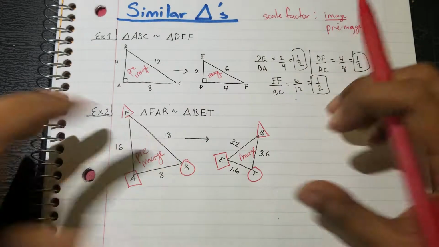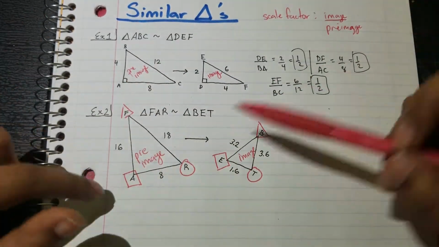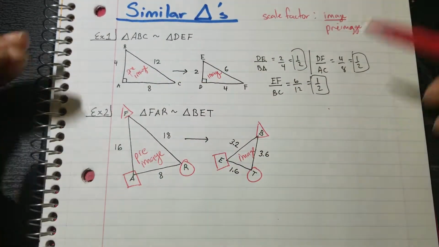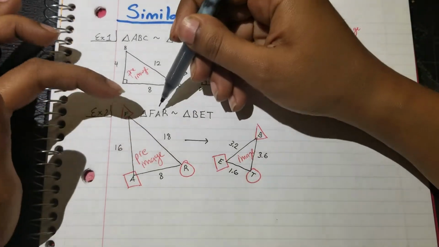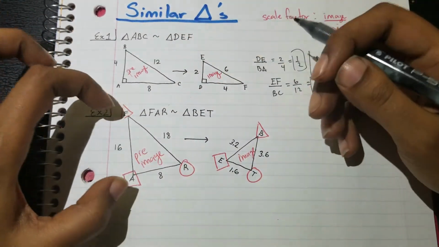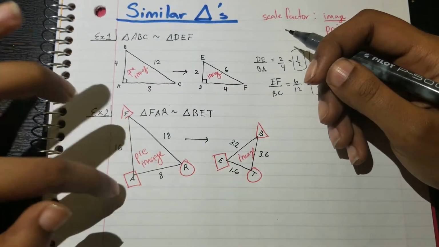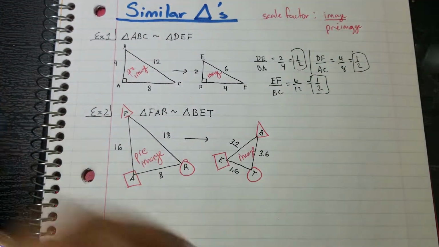So even if the orientation is changed, even if it was reflected over, if you have these sides lining up, then you know which sides are corresponding automatically. So you can either focus on your letters by themselves, or you can use little visual reminders telling you, oh, I know because there's a triangle and square on this side, triangle and square on this side, these two sides have to be corresponding. Just a little trick.